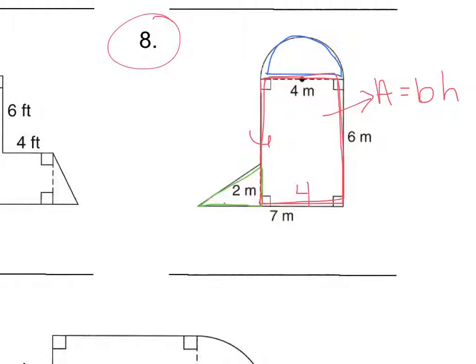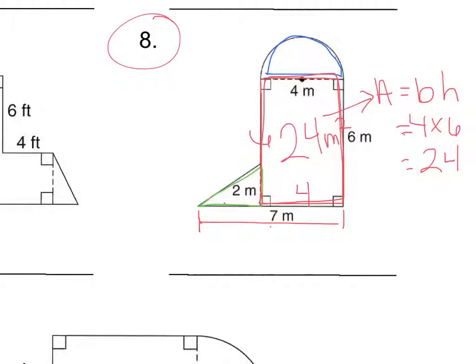Be careful not to use the 7, because the 7 is going from side all the way to the other side. So it is not 7, it is a 4 by 6. 4 by 6 is 24. So we know that the big rectangular part is 24 meters squared.